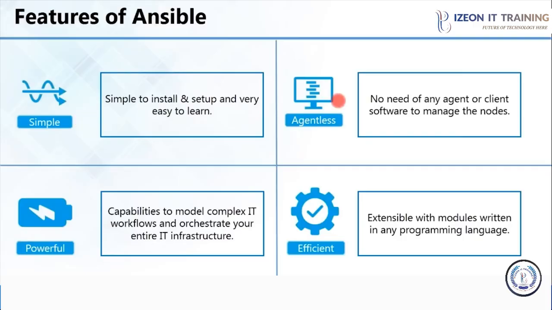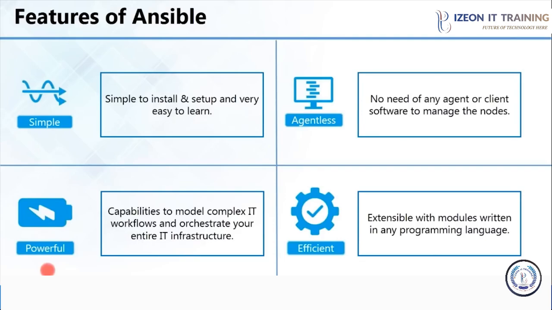The next feature because of which Ansible is preferred over other configuration management tools is that it's agentless. It means that you do not need any kind of agents or client software to manage your node machines. All you have to do is install Ansible in your control machine and just make an SSH connection with your nodes and start pushing configurations right away.